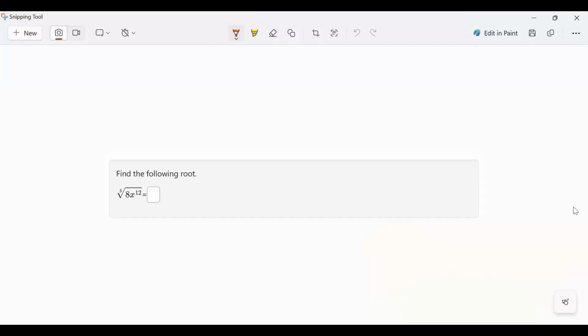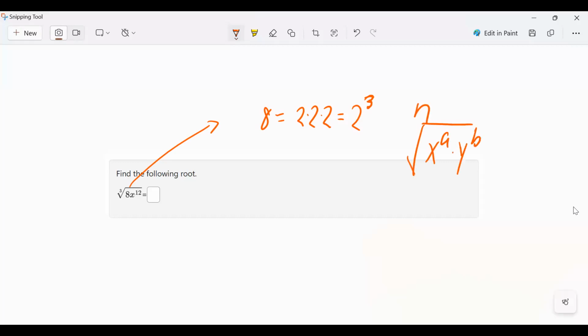Turn the 8 into 2 times 2 times 2, then we get 2 cubed. Now apply that property I just showed you: the nth root of x to the a, y to the b, gives x to the a over n, and y to the b over n. Now you try this, see if you can end up with the correct answer.